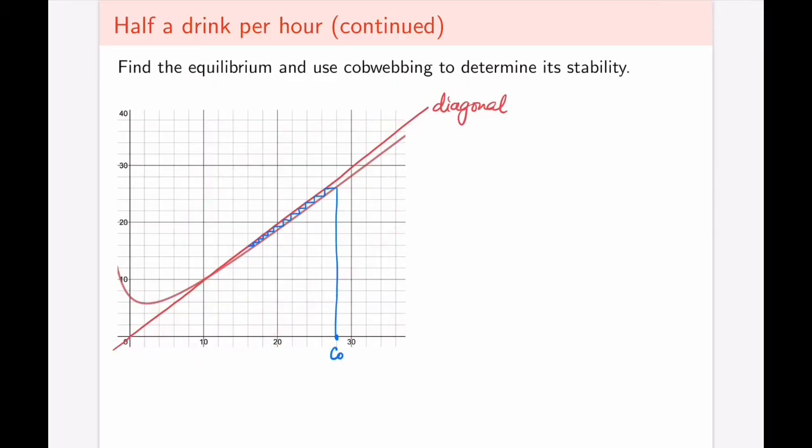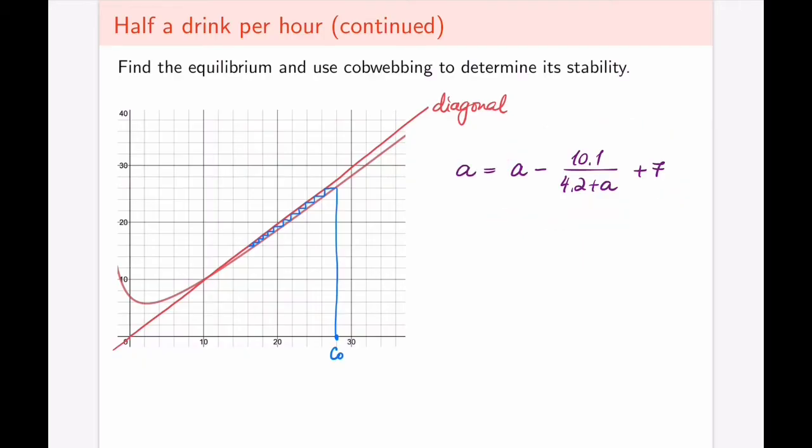If you would like to know the exact value of this intersection point, then the analytic method is the better way to go. So what we're going to do is set up our equation. The right-hand side of our equation was this one big expression. And remember, an equilibrium means that the next state is equal to the previous state.